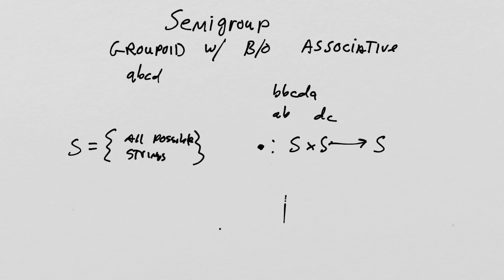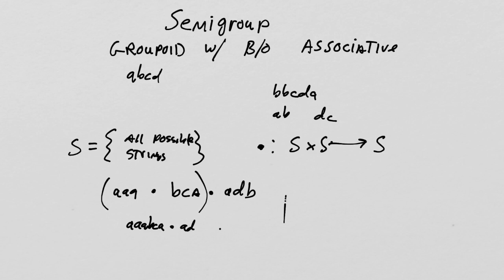And it turns out if you do this, of course, it doesn't take too much to see that if you had a string BCA and a string ADB, and you had a string AAA like this, and you did this group multiplication, certainly the result, if it's concatenation of strings, concatenates to AAABCA and ADB, that will certainly concatenate to the same thing as if I did this grouping first.